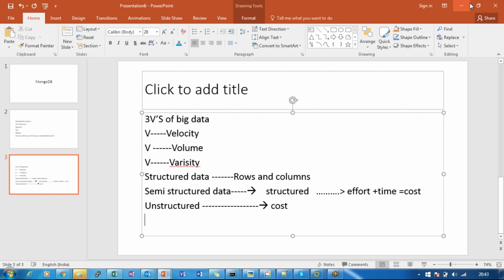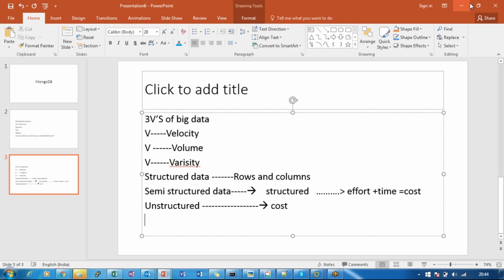So this is unstructured data, which is very costly. Now let us see the differences. Why MongoDB? Why this another form of data? These are the three V's of big data, and we need to store this.